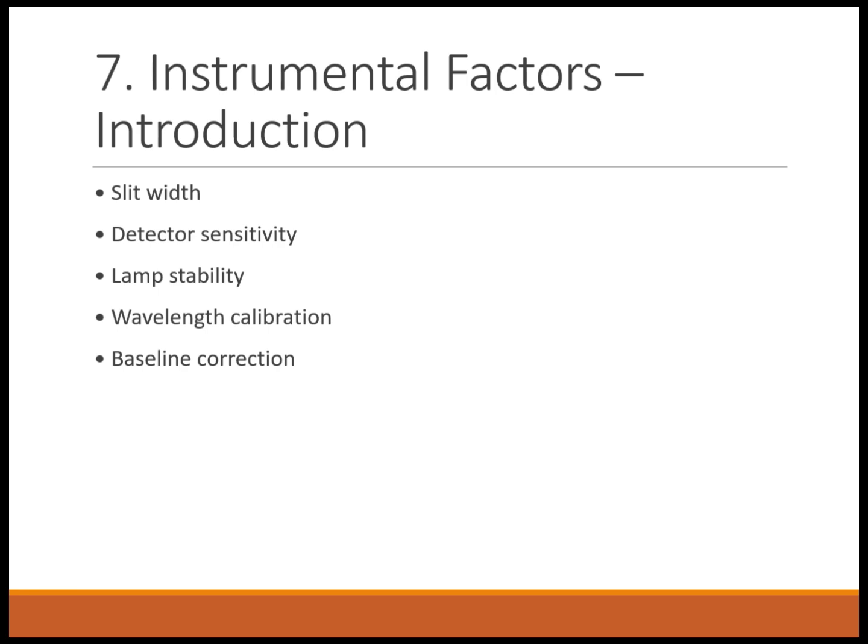Now we can discuss the instrumental factors. Instrument performance directly influences measurement accuracy. If there is any problem with the instrument, it will affect the measurement result. Factors: slit width, detector sensitivity, lamp stability, stray light, and wavelength should be calibrated.